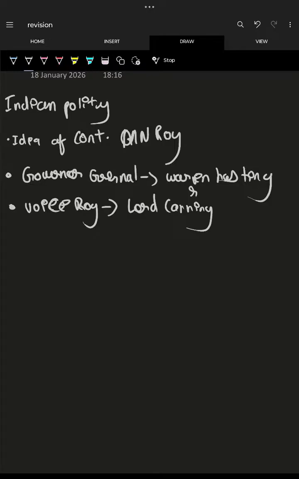Diarchy was abolished, with the provision of introducing a federal system. Accepted by the Congress and the Muslim League, immediate effect was given to the plan according to the Independence Act.